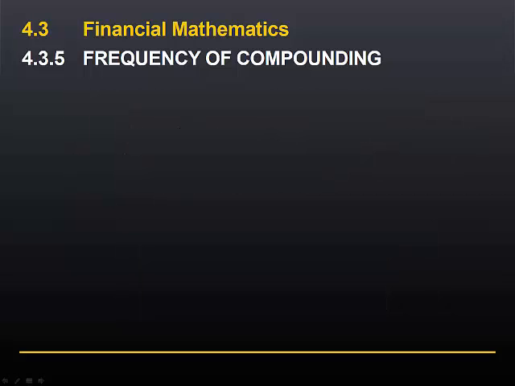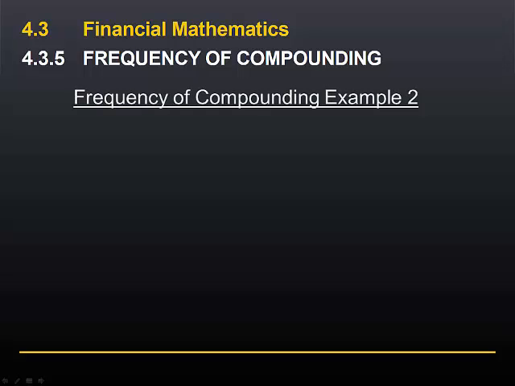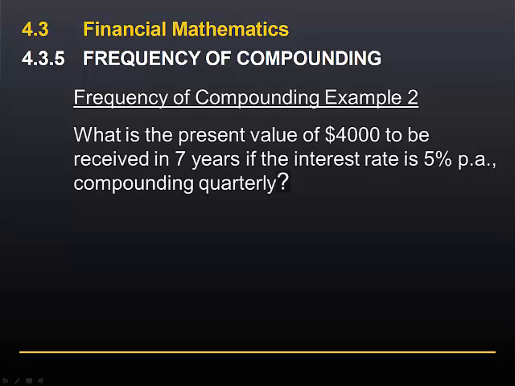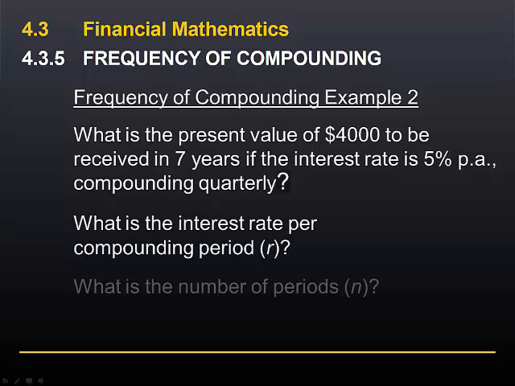Let's do another example, this time based on the second example that we did in the previous module. What is the present value of $4,000 to be received in 7 years if the interest rate is 5% per annum, compounded quarterly? Once again, we need to calculate the interest rate per compounding period and the number of periods given quarterly compounding.